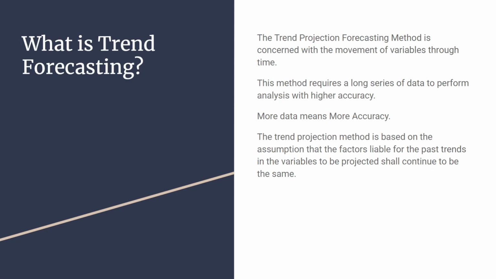So what does this all mean? Trend projection forecasting is nothing but a graphical representation of the performance of a particular product or service. The x-axis has the time variable, the time factor, and on the y-axis we have the performance factor.